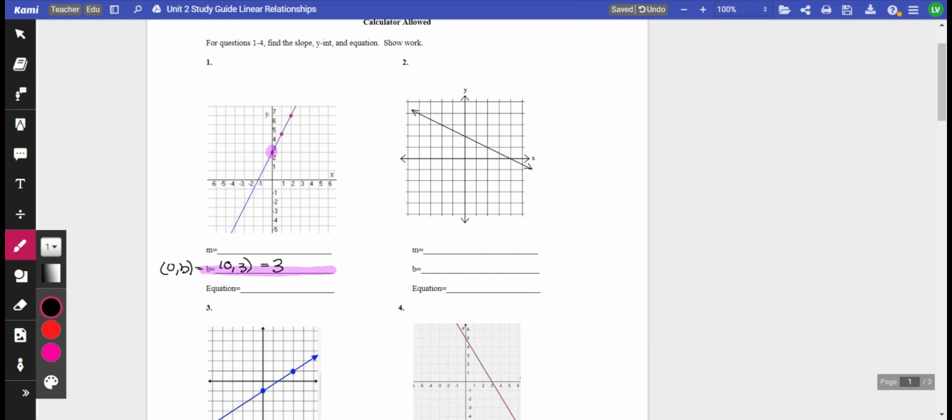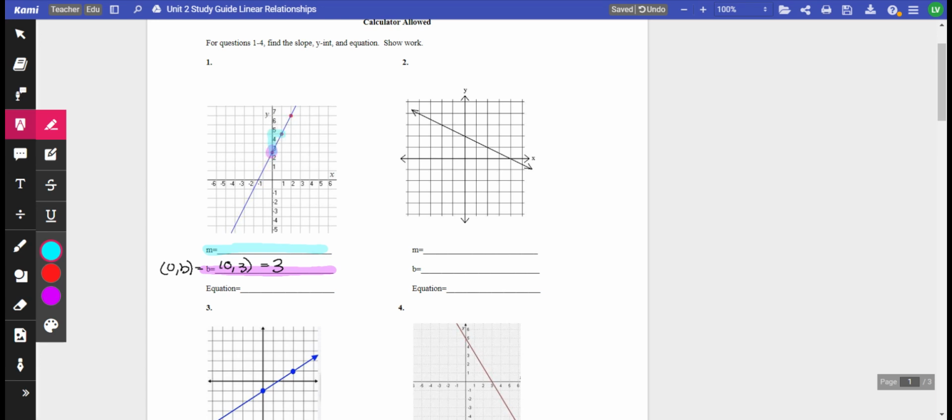All right, now we're going to find the slope. The slope is our rise divided by our run. So that means what are we going up divided by what we're going to the right. So if I start at this point on the y-axis, my y-intercept, I go up 1, 2, and I go to the right 1.